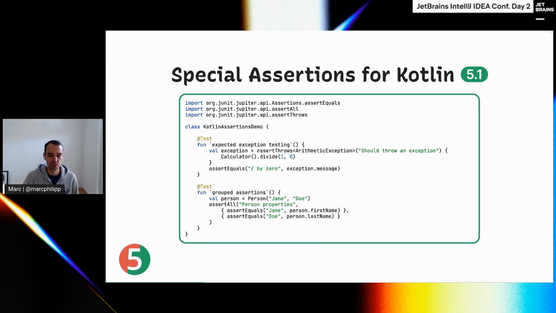For example, assert throws lets you use reified generics here to write this in a more Kotlin-friendly way. Then you can use this assertion easier than with just the standard assert throws method if you had imported that. And similar for assert all, it also lets you pass in these little closures here, so you can test that more easily.